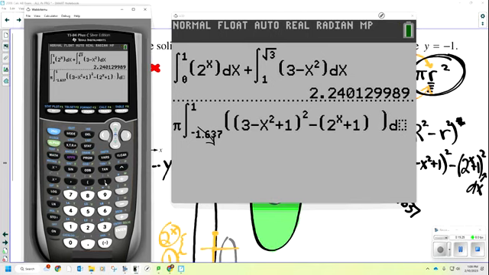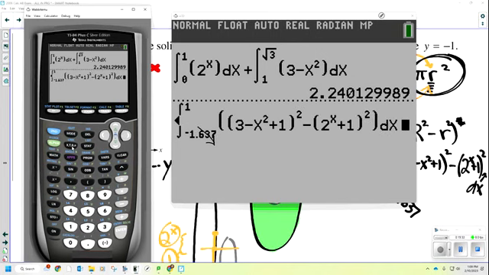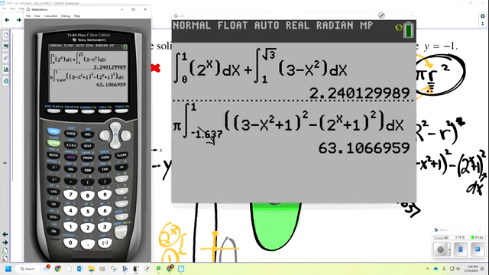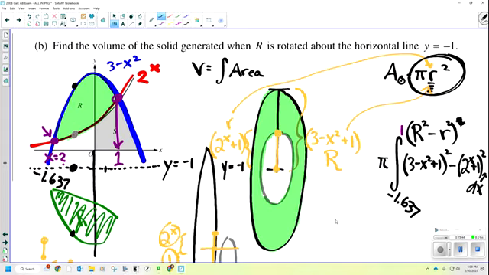Close that parenthesis off and square it. Dummy variable. 63.107. I will call that 63.107. So that is approximately 63.107.